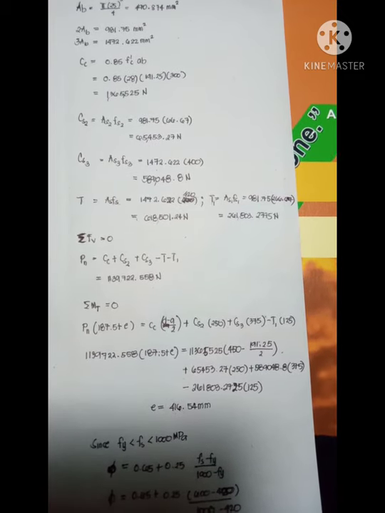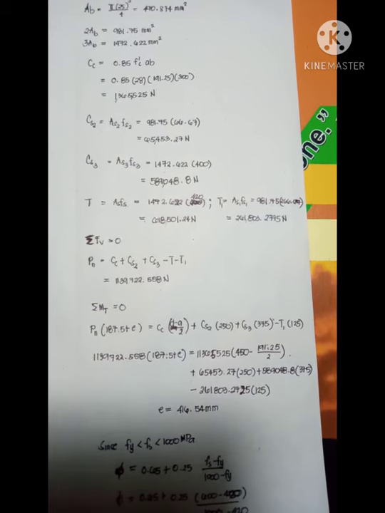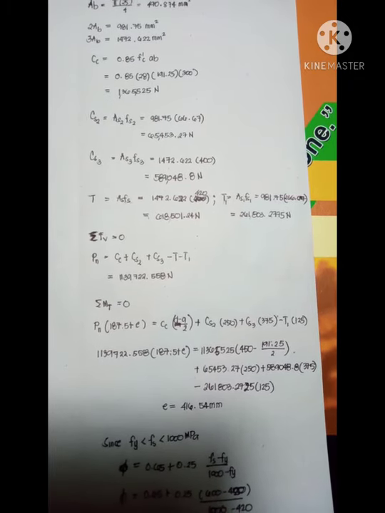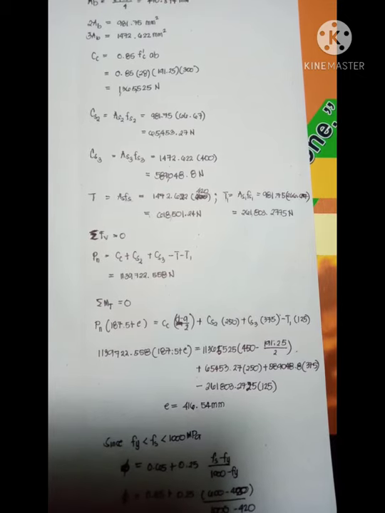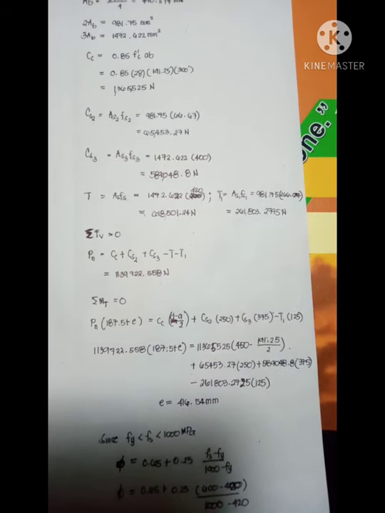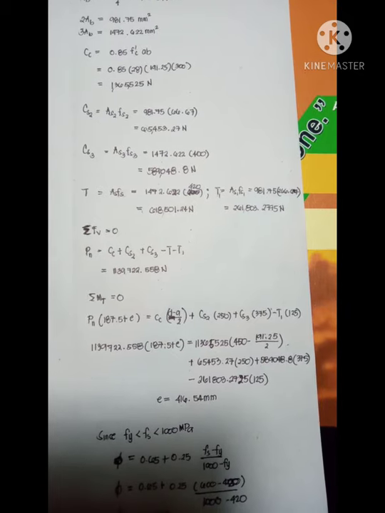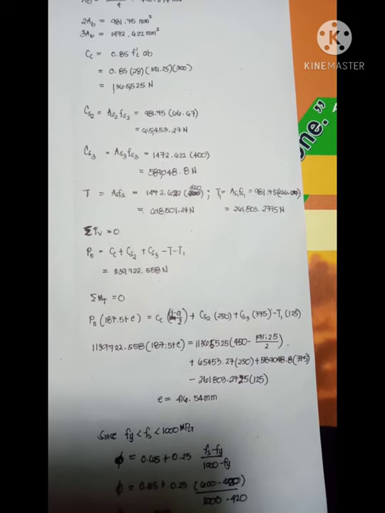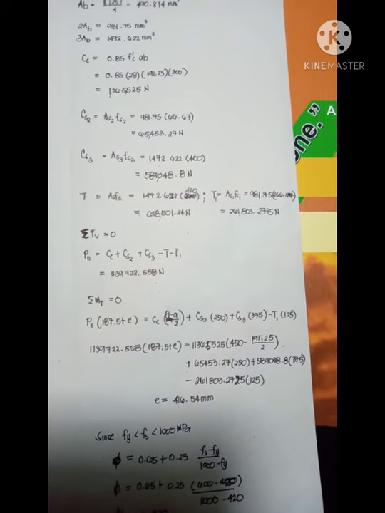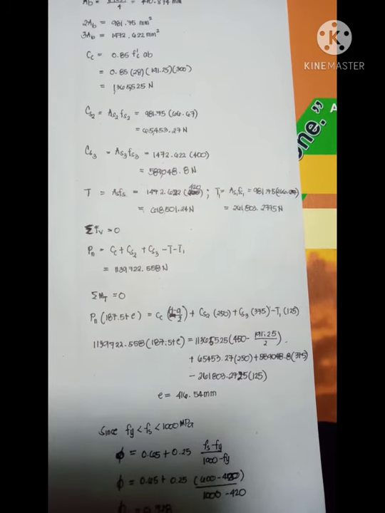So instead of using 600, we will be using the value of Fy, which is equal to 420. Then the value of T is equal to 618,501.24 Newton. For the value of T sub 1, we have T sub 1 equals As1 times Fs1. Substituting the values, we obtain the value of T sub 1 as 261,803.2775 Newton.